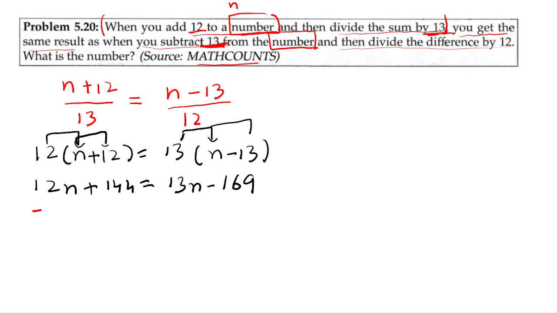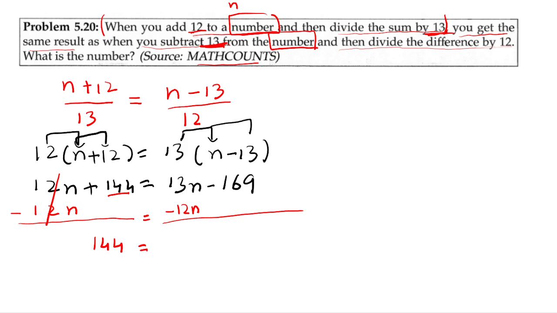So 12n minus 12n is 0, and we have only 144 on our left-hand side, is equal to 13n minus 12n, which is n, and the minus 169 stays the same.